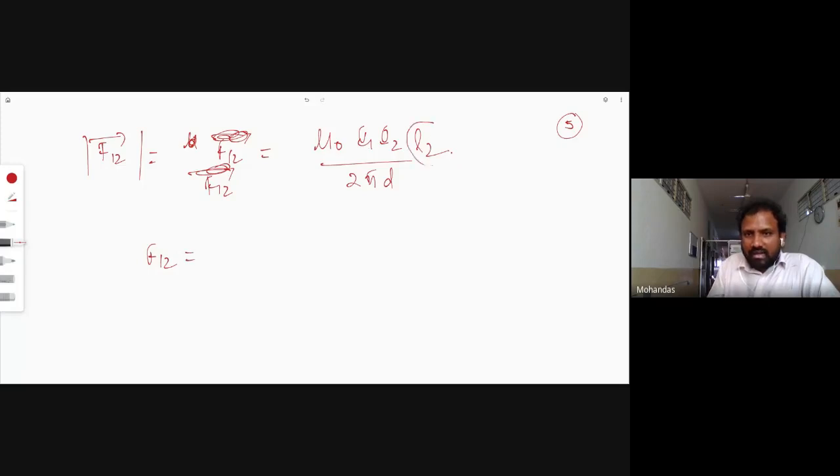And here I am writing L2 on the LHS. So F12 by L2. You see?